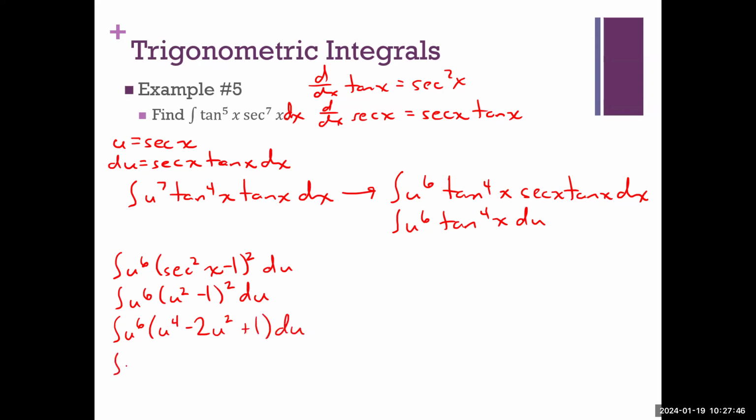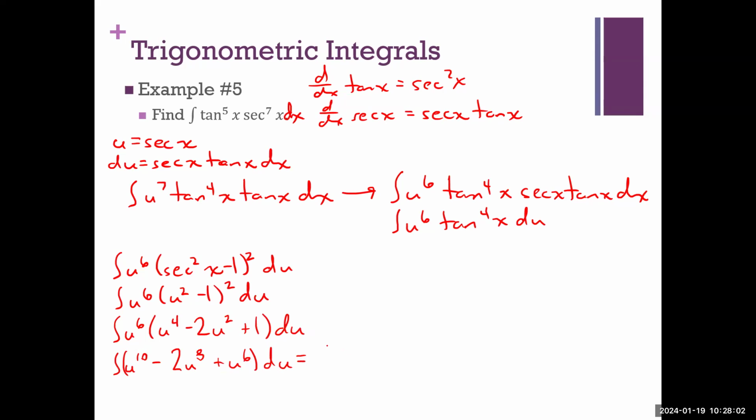All right, one more expansion. u to the 10th minus 2u to the 8th plus u to the 6th du. All right, I think that's as simple as we're going to get.